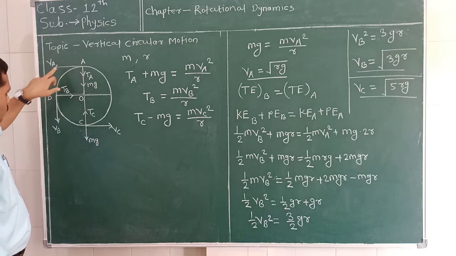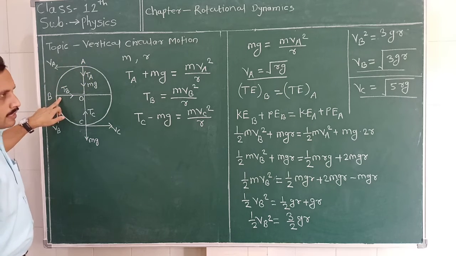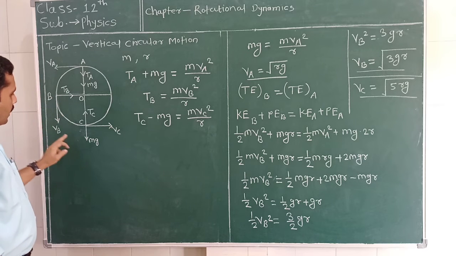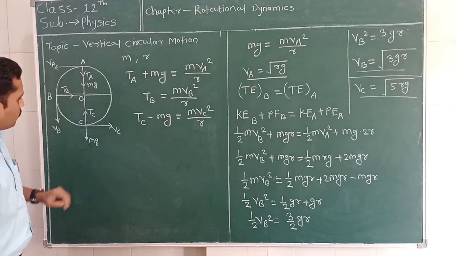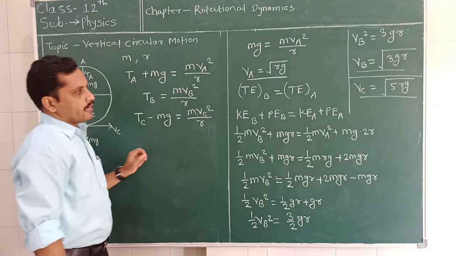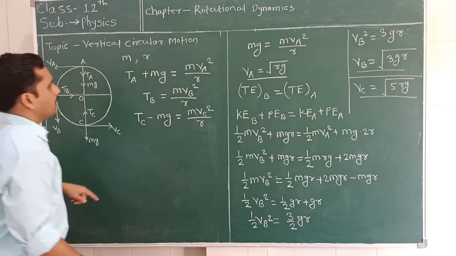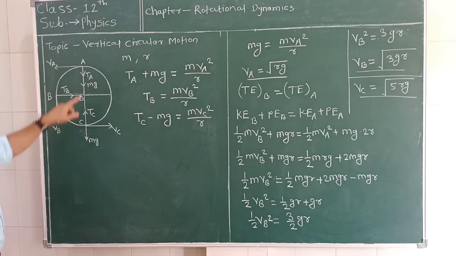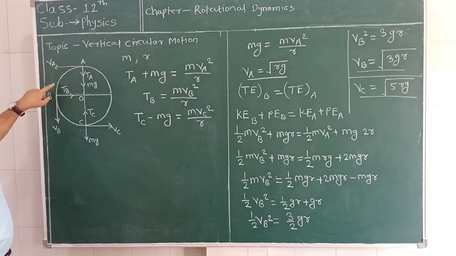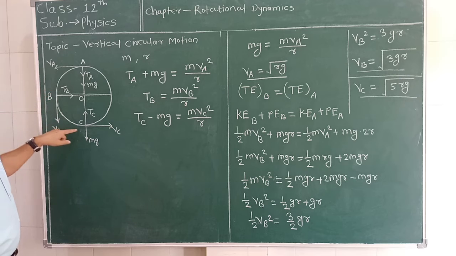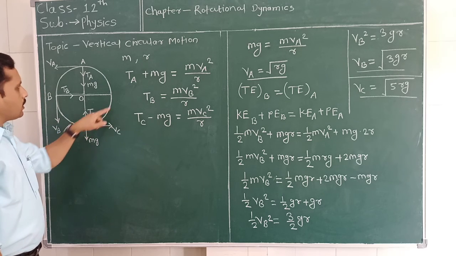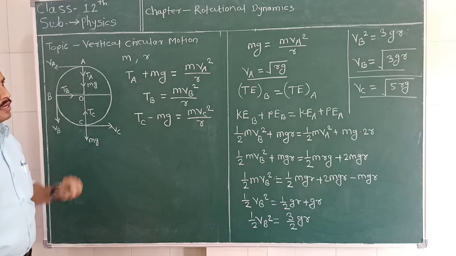As it goes in the downward direction, the velocity goes on increasing, and as it comes to the lowermost position, its velocity is highest. Therefore, we can say that in vertical circular motion, the velocity of the particle changes. If it comes in the downward direction, it increases. If it is going in the upward direction, the velocity decreases.